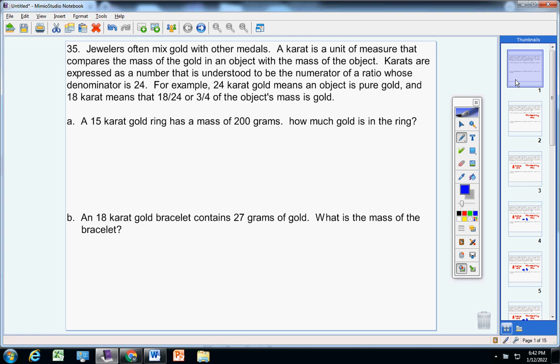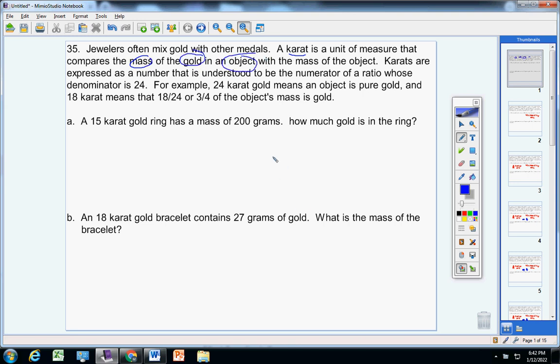All right, number 35. If you read the problem carefully, it says jewelers often mix gold with other metals. A carat is a unit of measure. You've heard that before, right? 18 karat gold, 15 karat gold, 20 karat gold. Carat is a unit of measure that compares the mass of gold in an object.